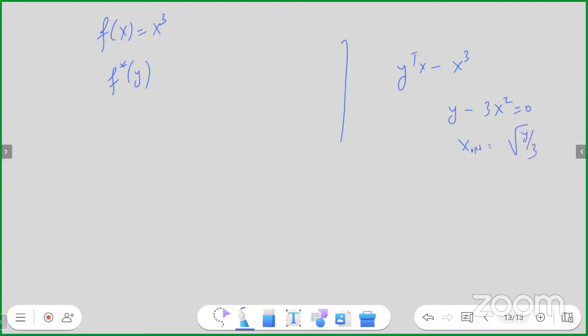We're going to plug it in there. y times square root of y by 3 is y to the power 3 by 2 by square root 3, minus y to the power 3 by 2 by 3 to the power 3 by 2. So you do some ugly subtraction here and you get your answer. So it will be something like y to the power 3 by 2 by a constant.